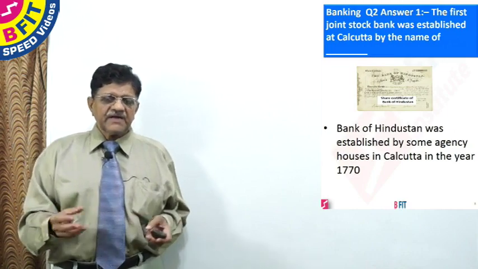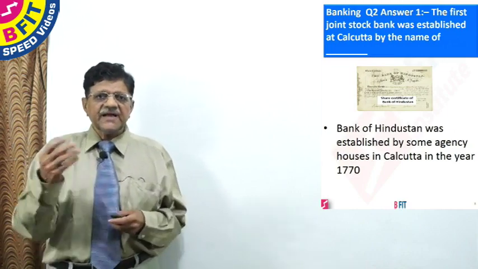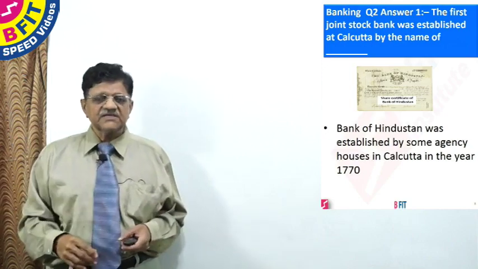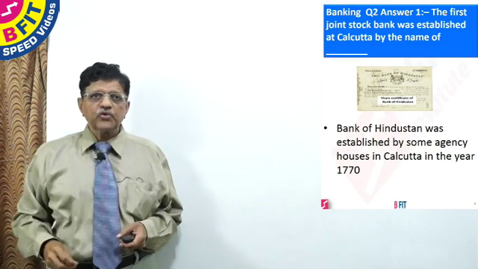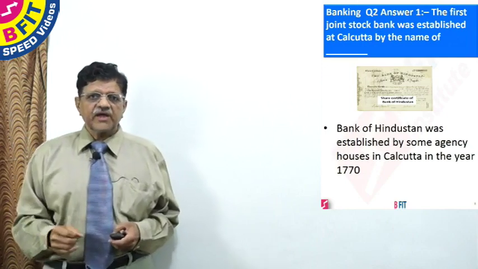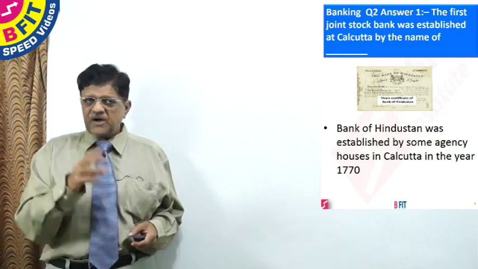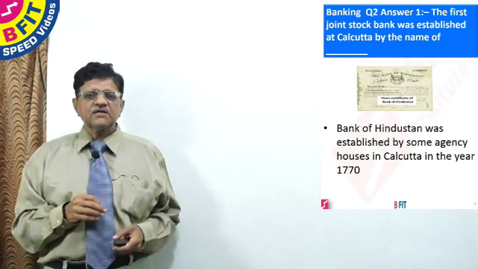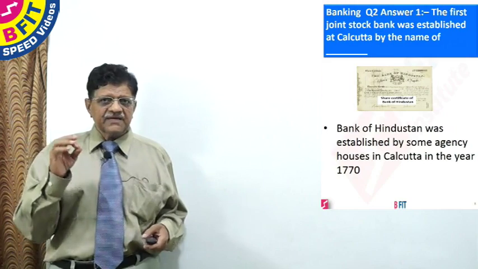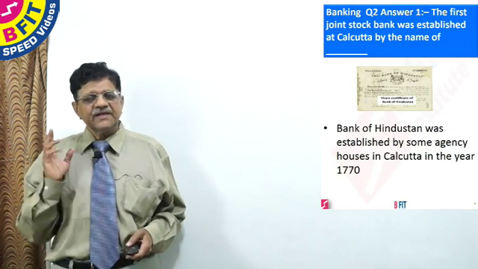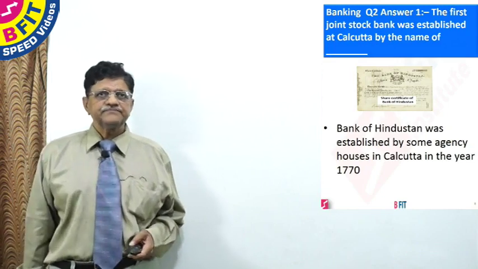And surprisingly, this went out of business in 1792. So it had a very brief history of its existence. I have also presented before you a facsimile of a share certificate of Bank of Hindustan. They may ask this question: which was the first joint stock bank started in India? It is Bank of Hindustan, started by an European agency in Calcutta in the year 1770.